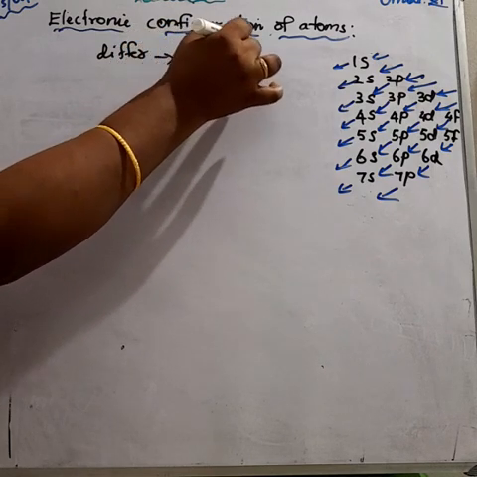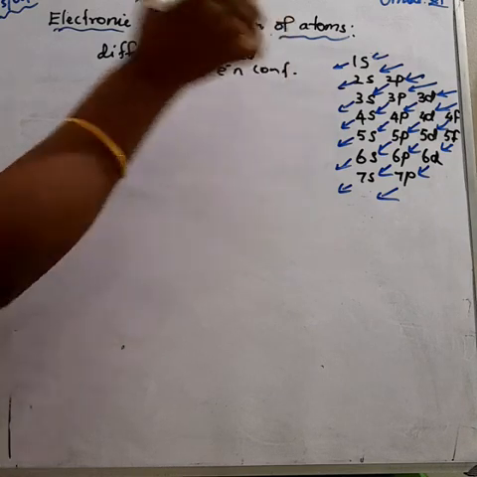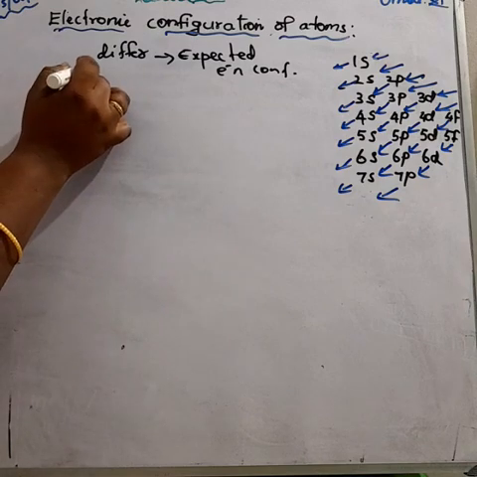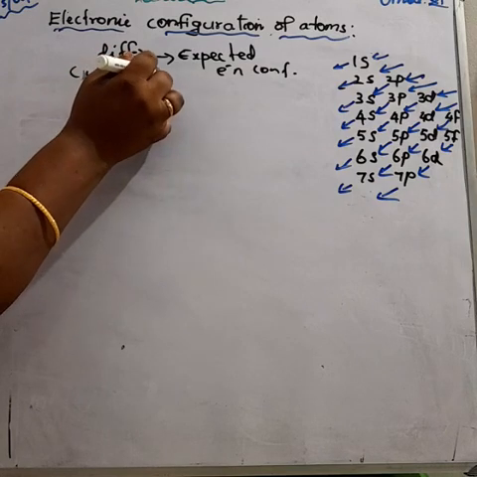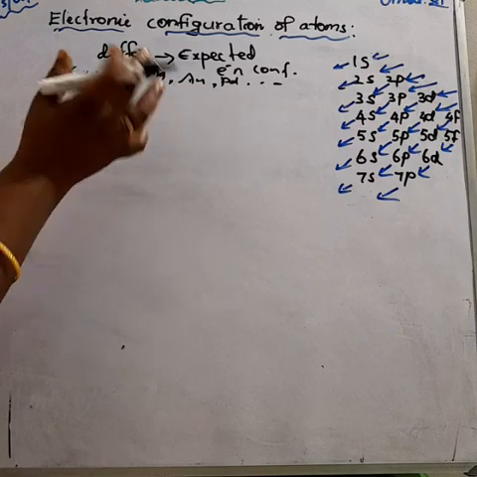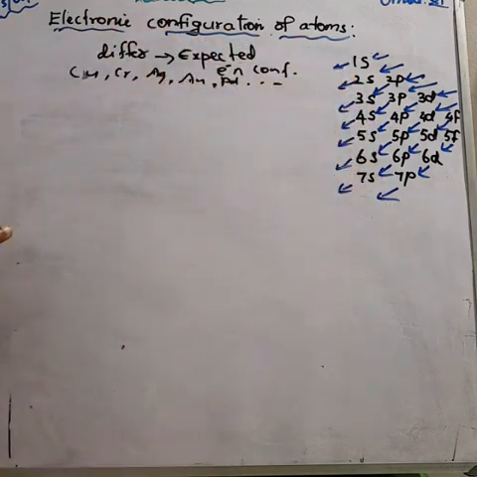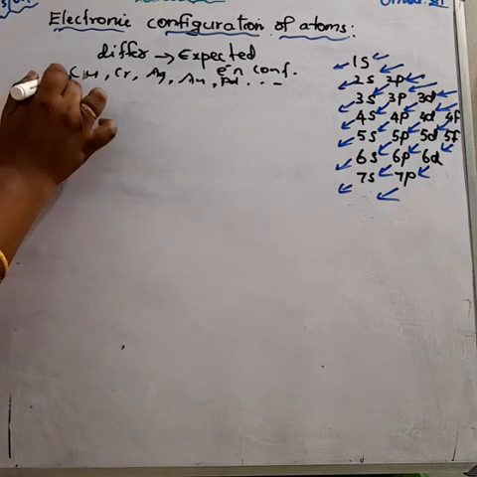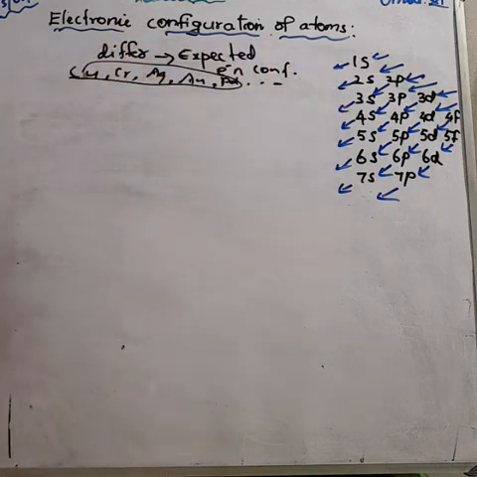You know how to write the electronic configuration according to the Aufbau principle, but some elements such as copper, chromium, silver, gold, palladium, etc. differ from it. How will it differ? Let's see.